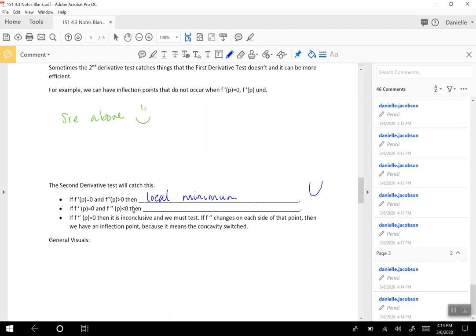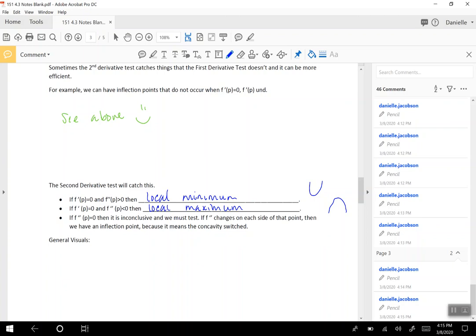Right? If our second derivative is less than 0, remember from above, that means we have something that's concave down, so we get a local maximum. Alright, what's a little bit odd is if you have a second derivative that is equal to 0, it is inconclusive, and you have to actually go through and test it.